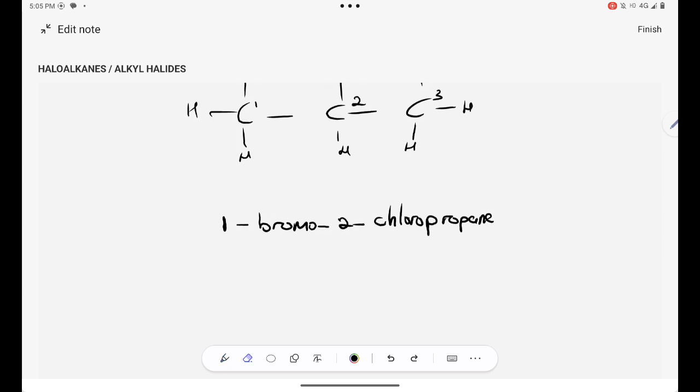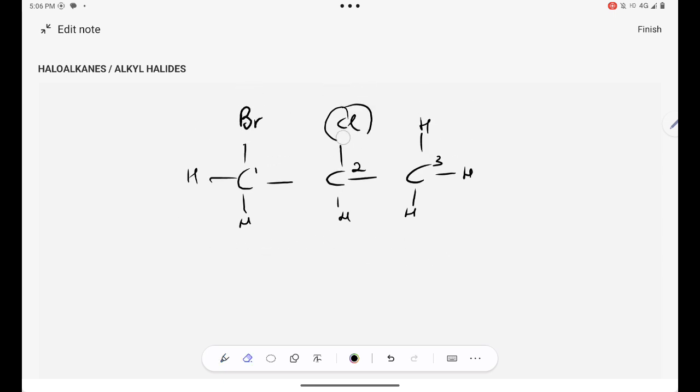Okay, let's say we have something like this. Let's use different halogens and a different chain. Fluorine, iodo, and say bromo over here.